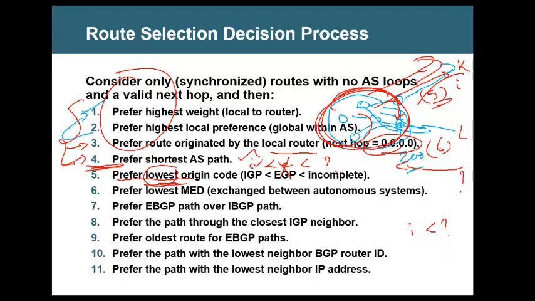Provided the above should be a tie, repeating again. The first 4 should be tie for the path to be chosen as per this. Only then, based on the fifth attribute, BGP can recommend, not guarantee, this path to the routing table manager.